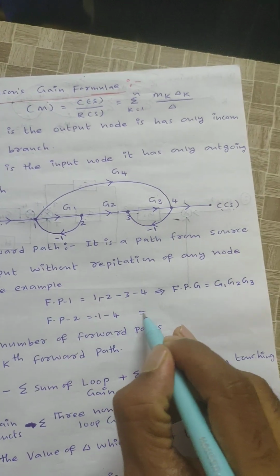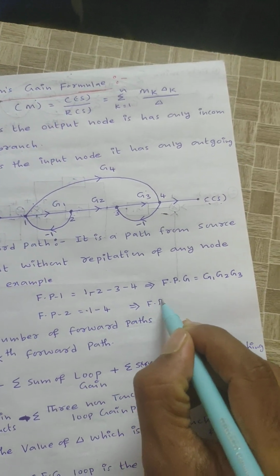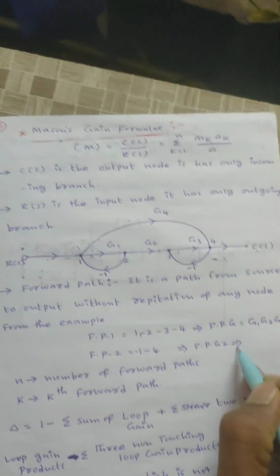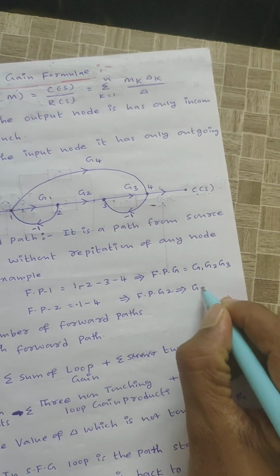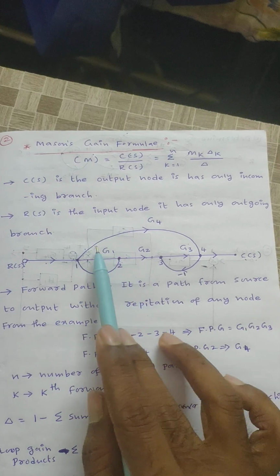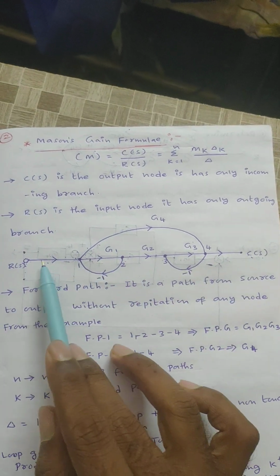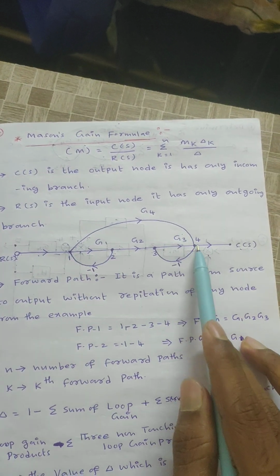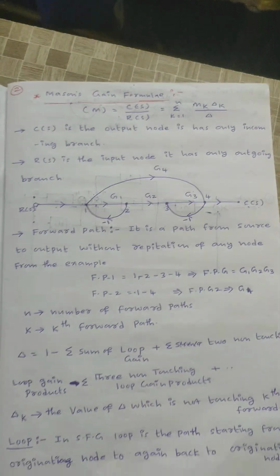The forward path gain 2 is only G4. So for this signal flow graph, there are 2 forward paths.